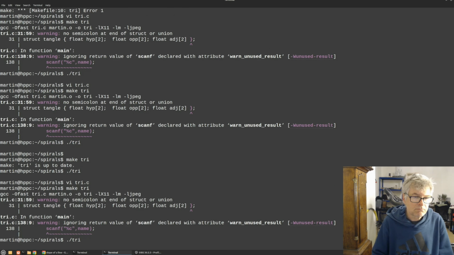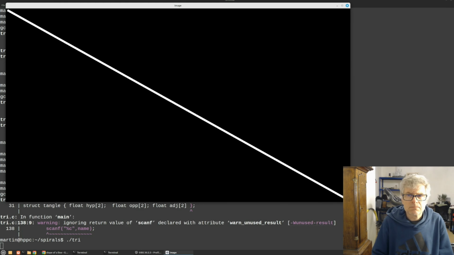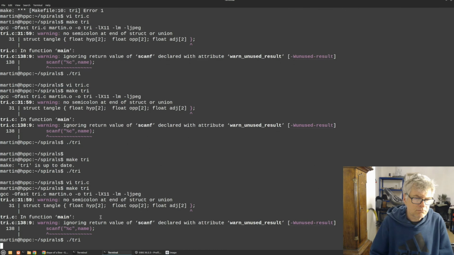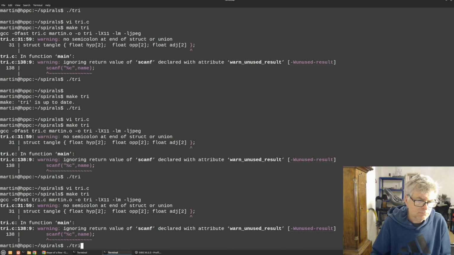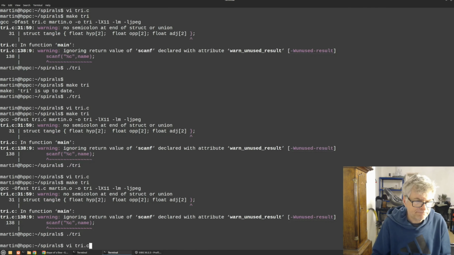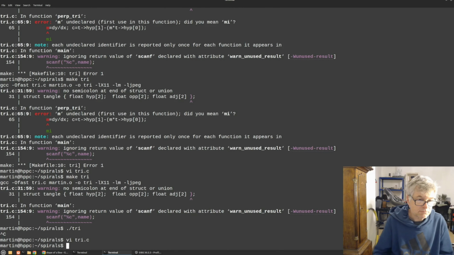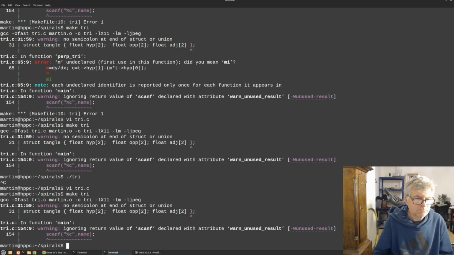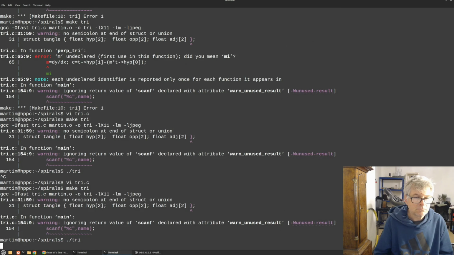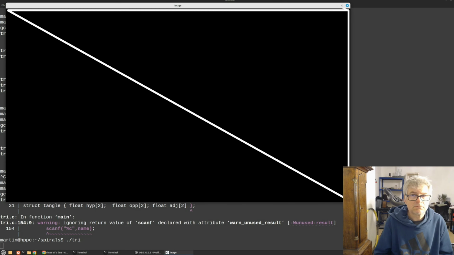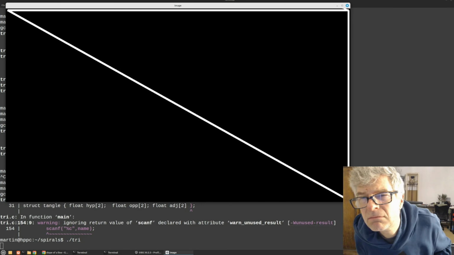Back to coder Martin, and at this point I've managed to make a triangle with one side. Here I've managed to make a triangle with 3 sides. Here I've actually managed to make the perpendicular, but it's going in the wrong way, because I've still got that error with the minus gradient.